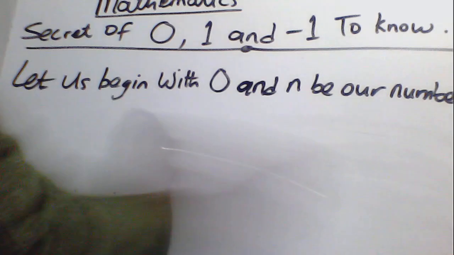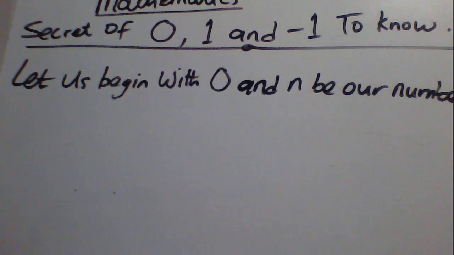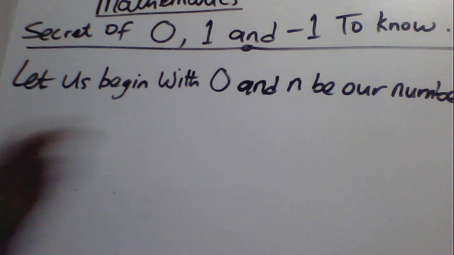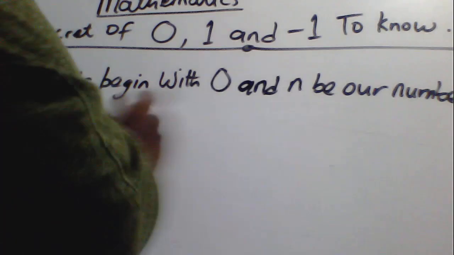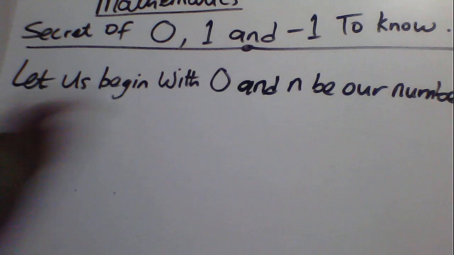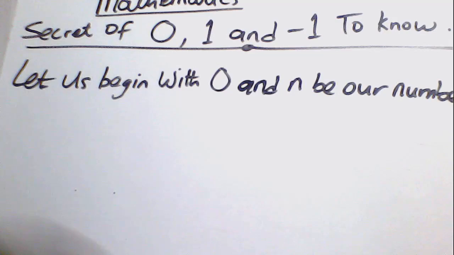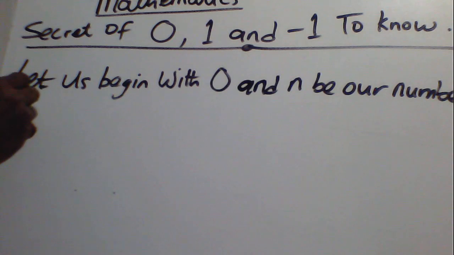The second thing you have to know about 0 is that when 0 is divided by a number, the result is equal to 0. When 0 is divided by a number, the result is equal to 0. That is the second thing to know.